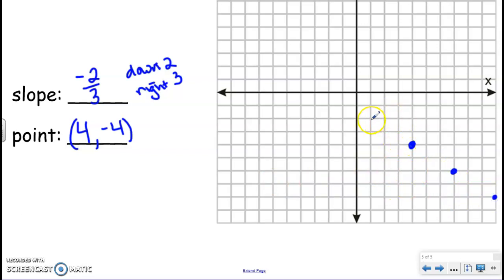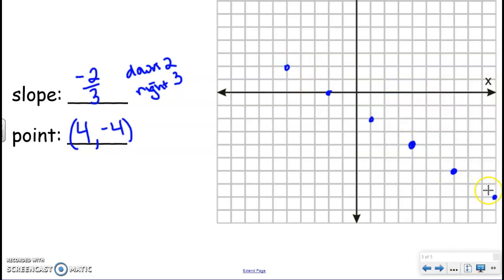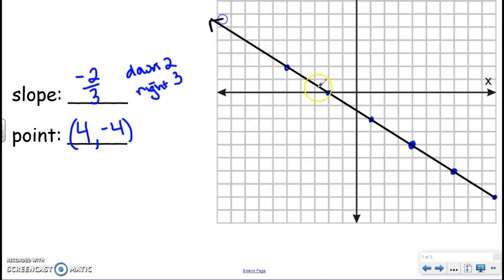I could also switch that and go up and backwards if I want. But then I can draw my line. We're good there. Put some arrows on the ends. And that is how you're going to graph that line.